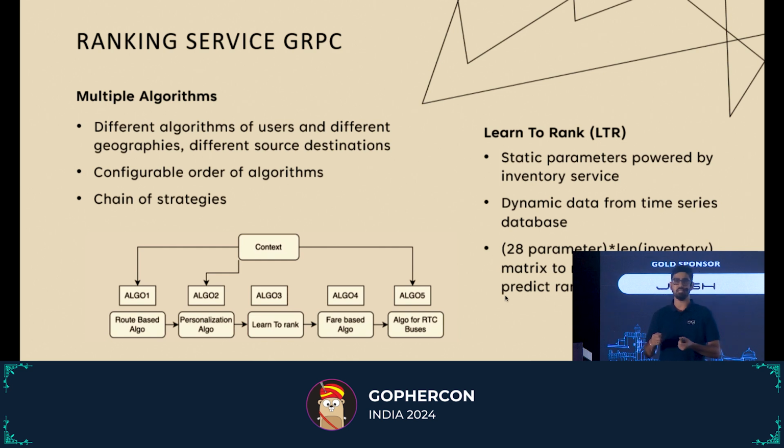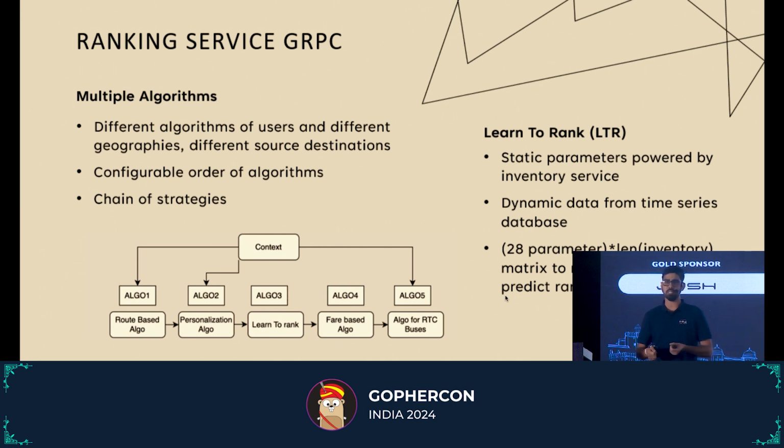Each algorithm implements just 2 methods: whether the algorithm is applicable or not, and what the algorithm is. So it fetches all the eligible algorithms in a chain of responsibility manner, and then returns the final ranking results to the search service.